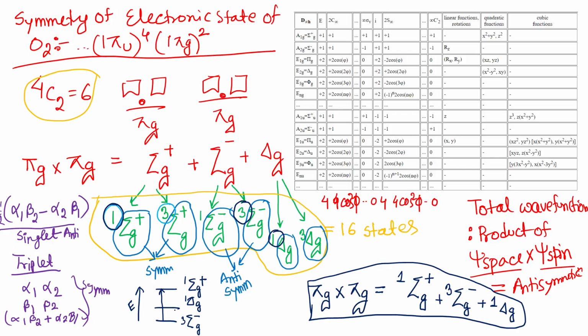These are spin forbidden processes, triplet to singlet, but they can still be allowed in some way, like spin orbit coupling.